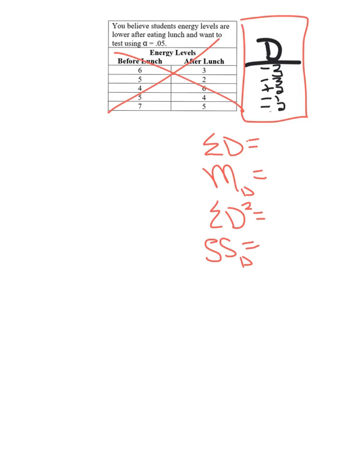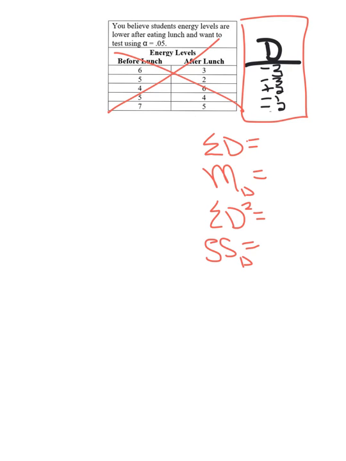So to get my sum of D, be very careful with your signs. So it's negative 3 plus negative 3 plus positive 2 plus negative 1 plus negative 1. So there's an actual negative sign on my calculator, and it is right next to my enter button.